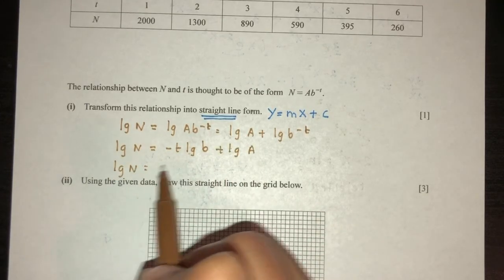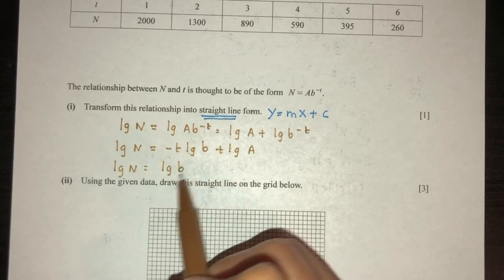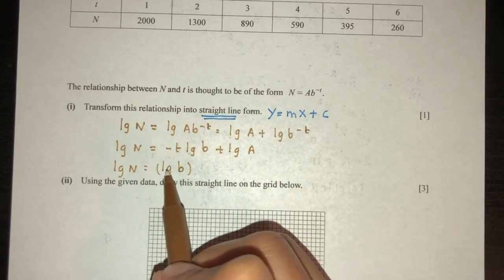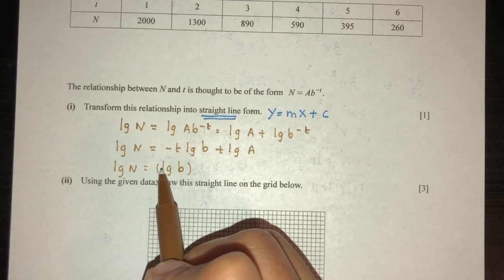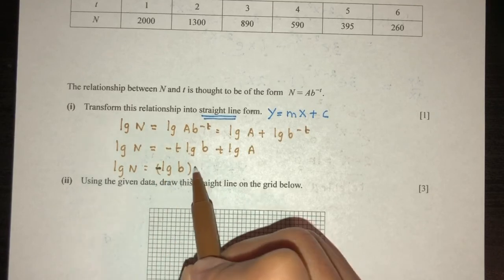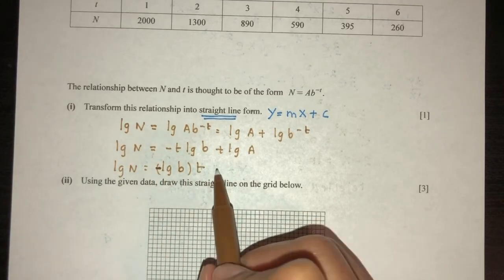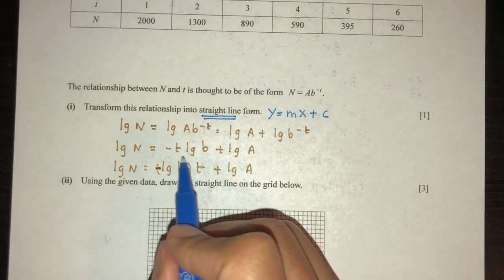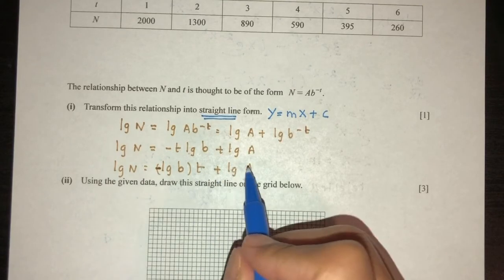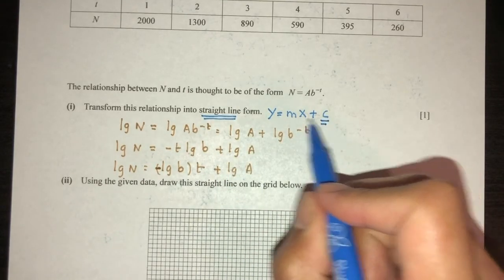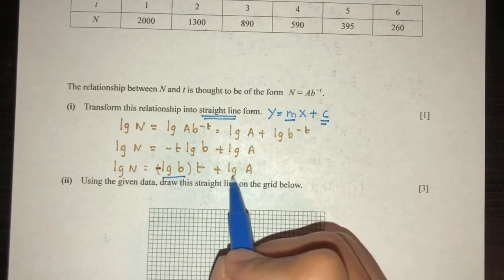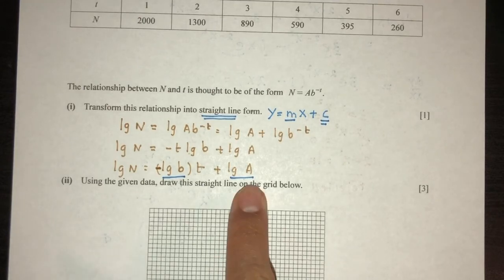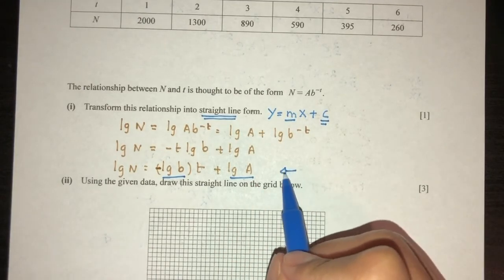Ln of n will be log of b times, so we can put the minus here if you want to, and this will be t, and we have log of a. So if you observe, this is your value for gradient, and this is your y-intercept, just like a straight line. Okay, that will be in the form of a straight line. That is your first part to do.